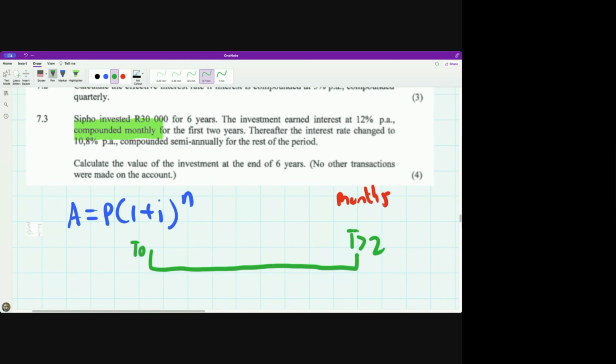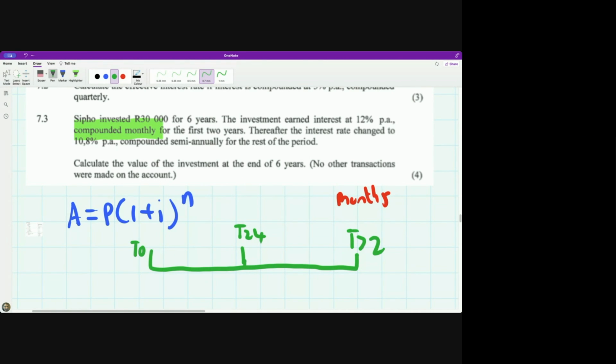Now, if I look at when funky things happened, for the first 2 years, it was compounded monthly at a certain interest rate. Now, how much is 2 years in months? It's 24. So you know what? On my timeline, I'm going to put T24.